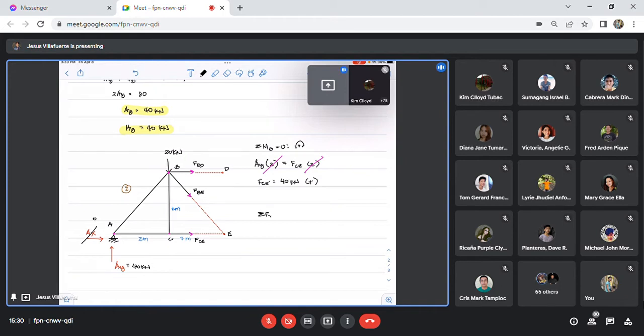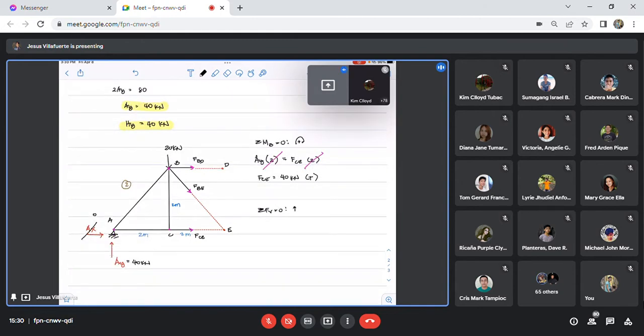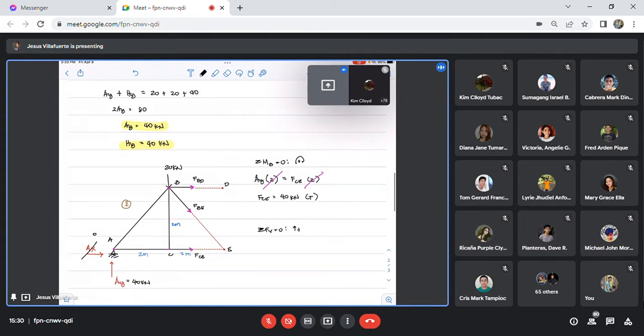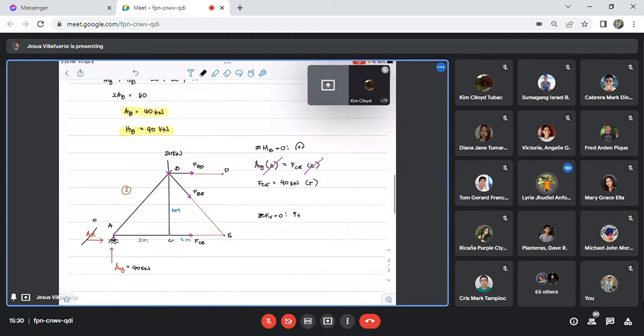Summation of forces vertical is equal to 0, positive going up. What are the forces going up? This AY, 40 kilonewton. What else?